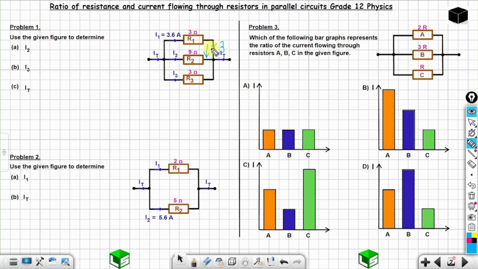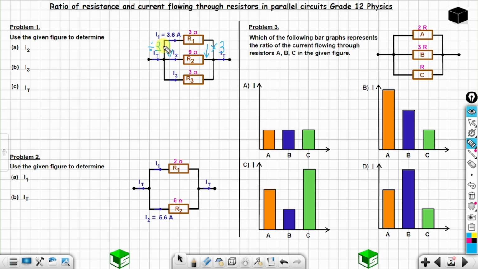Now, from I1 to I2, you are going to have division by 3, because current and resistance are inversely proportional to each other. When you have an increase in the resistance, you are going to have a decrease in the current.